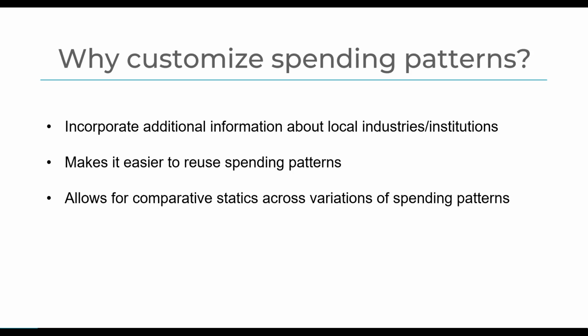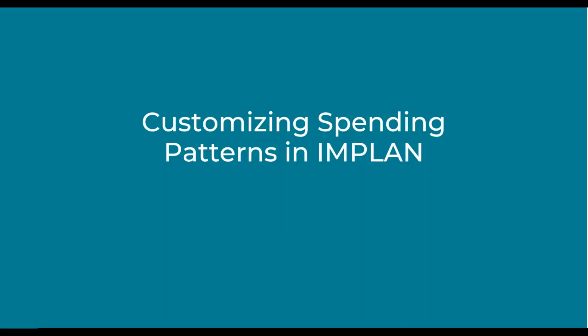So if we're thinking about what if the production function of an industry changes over time, I can make multiple iterations of that spending pattern to take into account those variations to test those assumptions and get a range of results. So I think what would make the most sense is to just jump into the software and show you the different ways to do this.